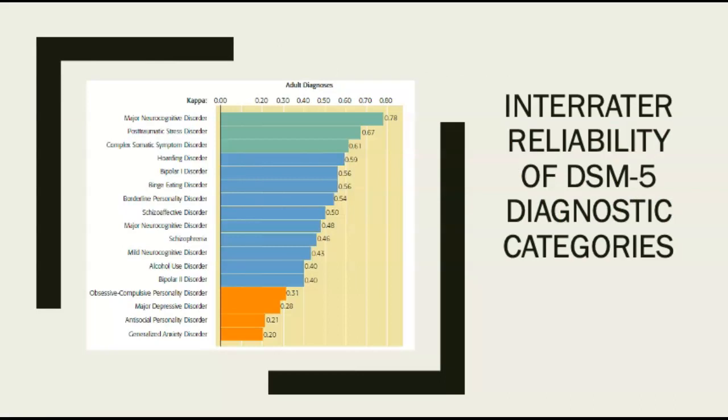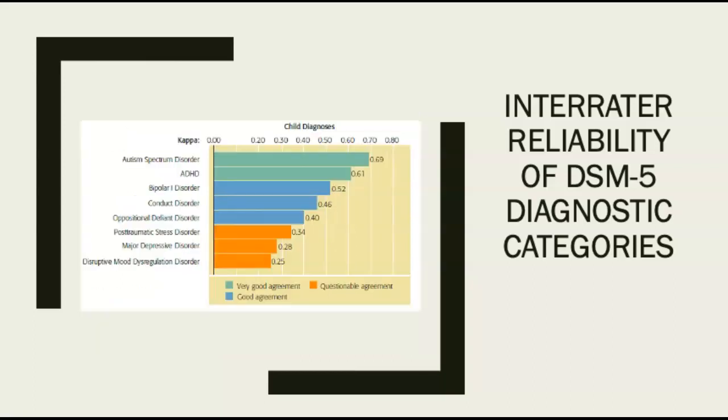Inter-rater reliability of the DSM. This indicates inter-rater reliability for adult diagnoses, and this next slide here indicates inter-rater reliability for child diagnoses.